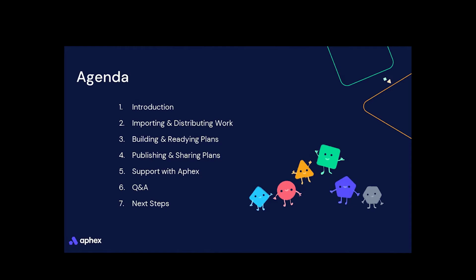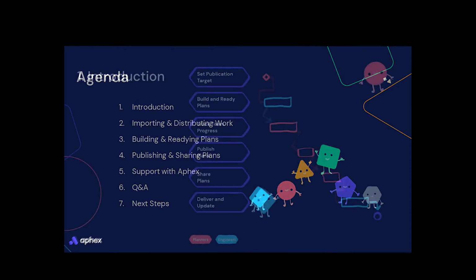So we have our importing and distributing workflow, our building and readying plans workflow, and our publishing and sharing plans workflow. After we've run through those in the app, we'll do a little bit on support with Aphex, a sort of Q&A, but a bit more of a preemptive Q&A, and then next steps if you need any further support.